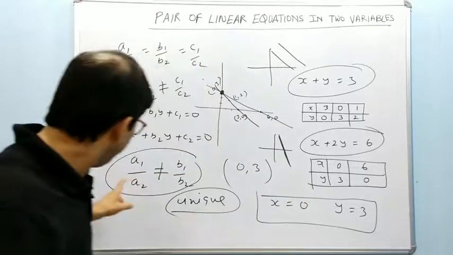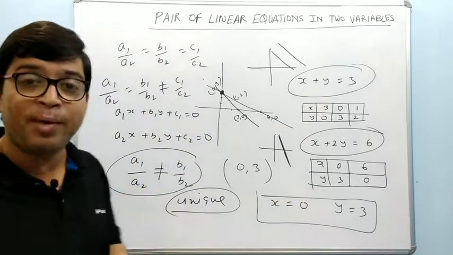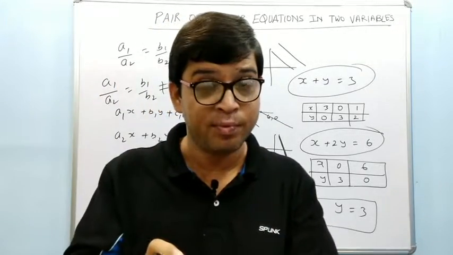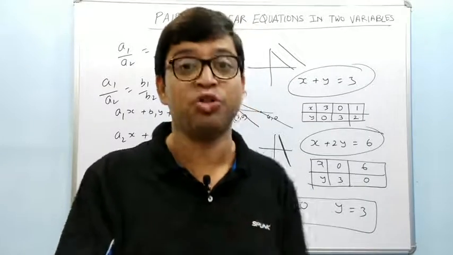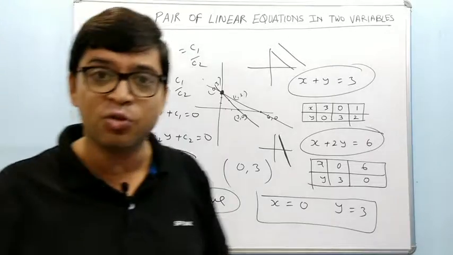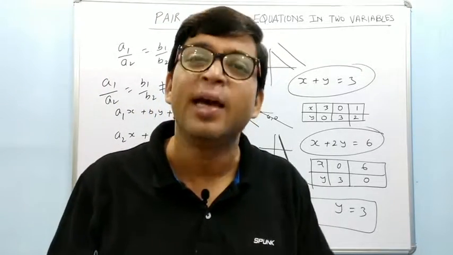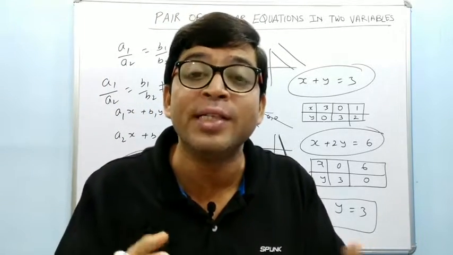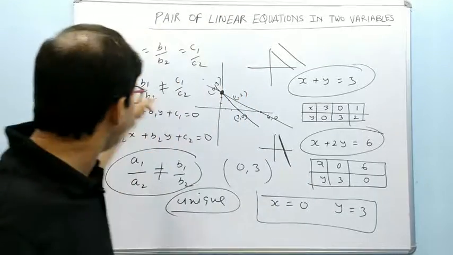So once again you remember, if a1 by a2 is not equal to b1 by b2, lines are intersecting and one solution is there, a unique solution. If a1 by a2 is equal to b1 by b2 is equal to c1 by c2, lines are cutting each other infinitely many times, coincident lines.